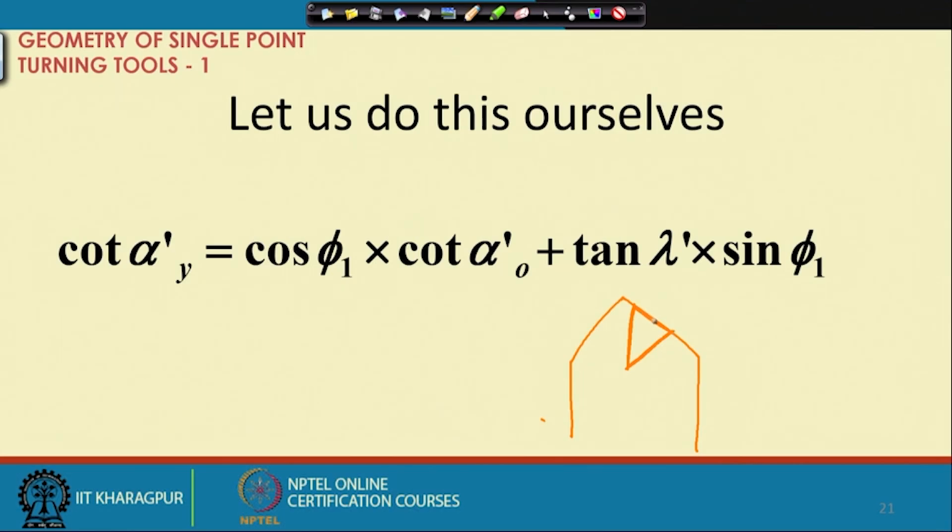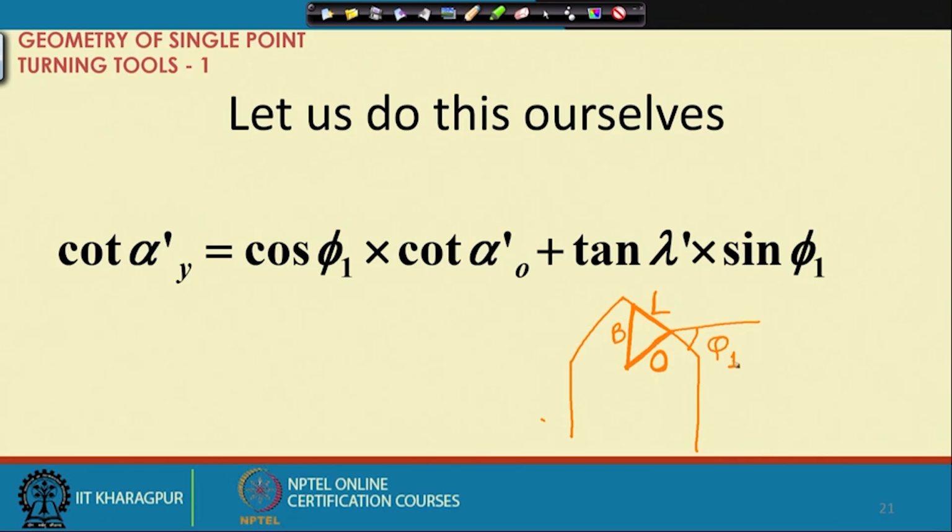If I move down this way and if I move down this way, I will be coming to this particular distance down this way. So, let us name them as back, L and O. What will be this angle? This is phi 1, end cutting edge angle.